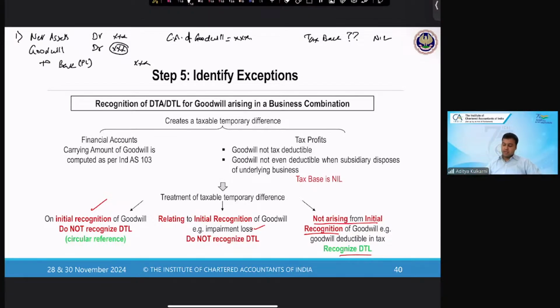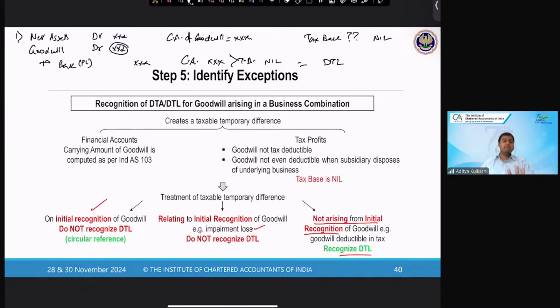Now, I have a carrying amount of goodwill, and the carrying amount is greater than the tax base, which is 0. Correct? So the carrying amount is greater than the tax base of goodwill, which is an asset. So technically, I should have a DTL. Do you agree with this? Yes, sir.